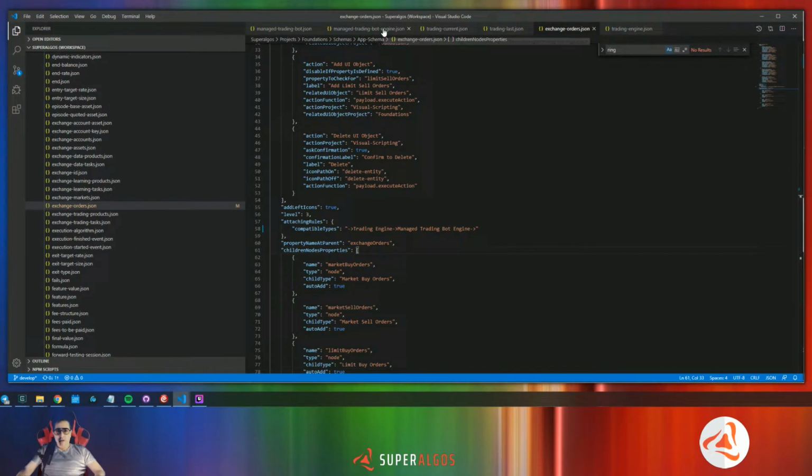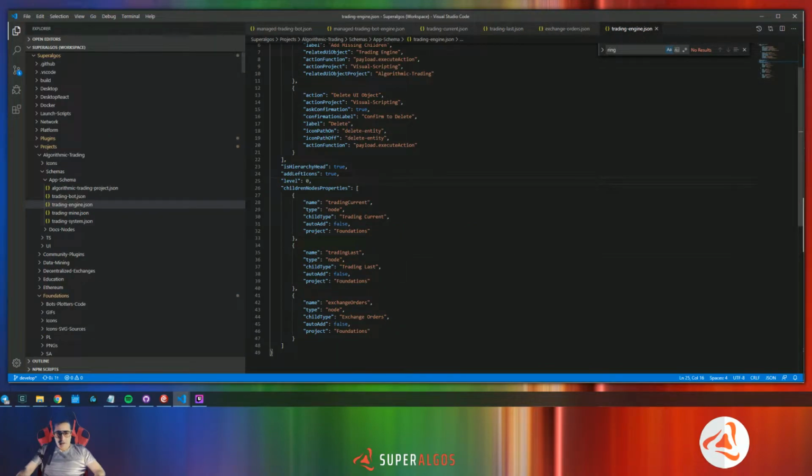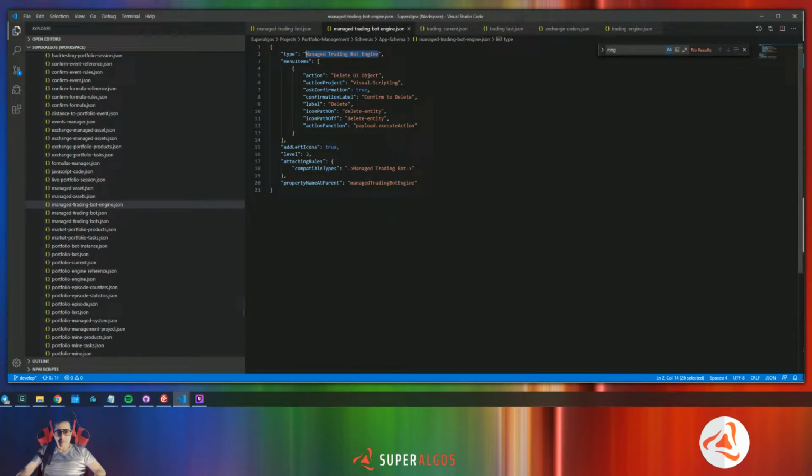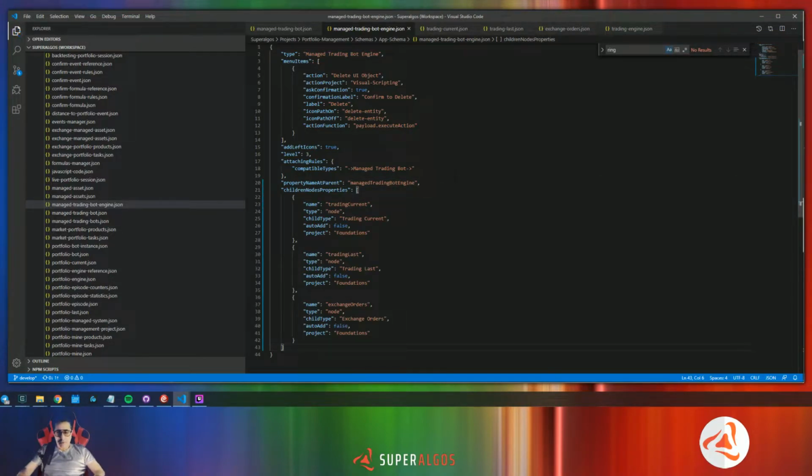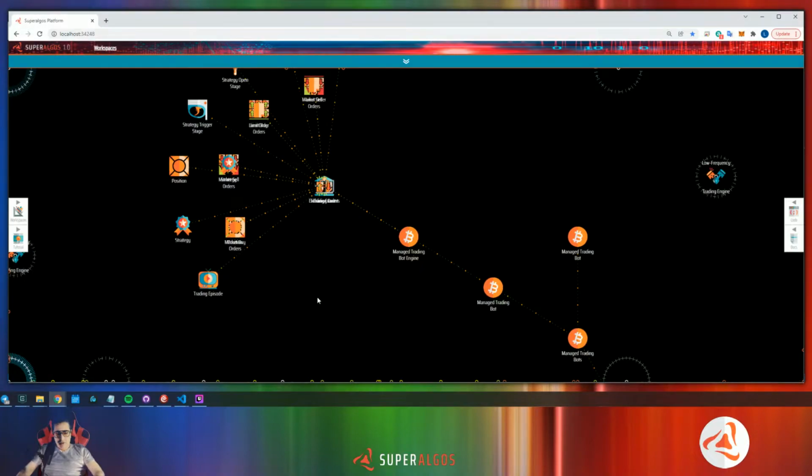So managed trading bot engine should have the same children as a trading engine. Okay, so I'm going to refresh.